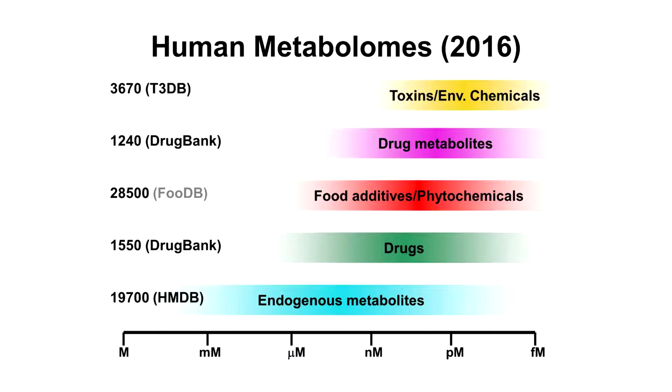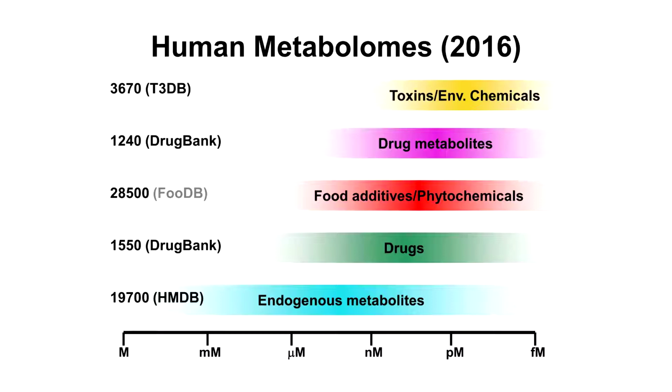Now, if we look at the types of compounds, and this is, I think, relevant to all of us because we're all human, I hope, this is a measure of the type of compounds that we'll find in the human body, and it's probably somewhat similar to other mammals. We know, at least at current count, that we've identified formally, this is likely to expand, but there's about 20,000 endogenous metabolites that we've cataloged and they're located in a database called the Human Metabolome Database.